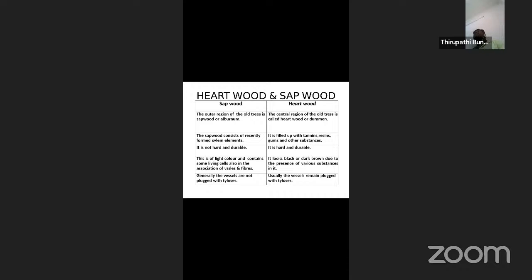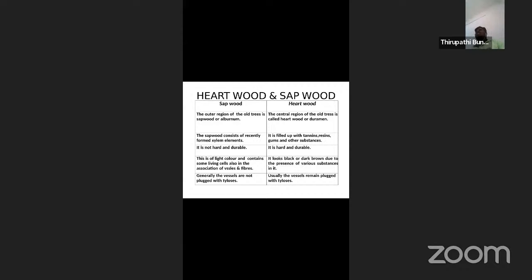But heartwood is the central region, very thick in color. Economically, heartwood is very important, very valuable, and durable. That is heartwood, the central portion of the stem.